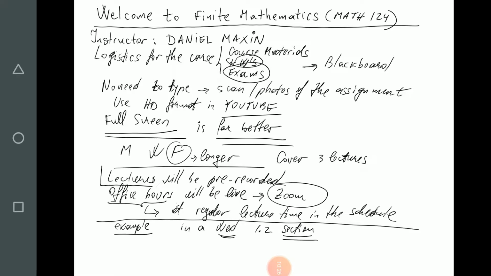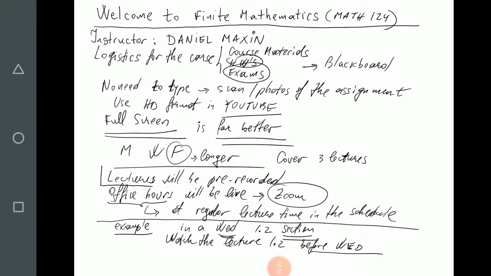So you want to basically cover the lecture or take the lecture or watch the lecture if you want, sometime before Wednesday. So when you come to the office hours and ask questions, it should be on material that you already went through by attending the lecture. When I say attend the lecture, I mean basically watching the pre-recorded video.